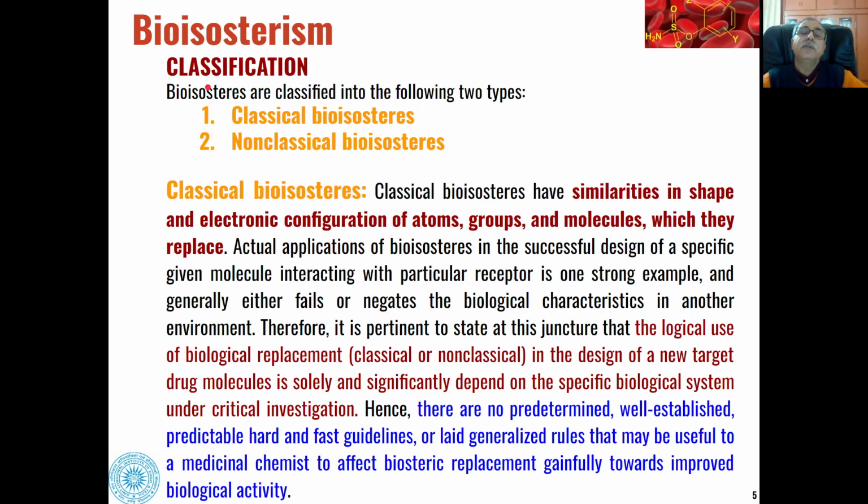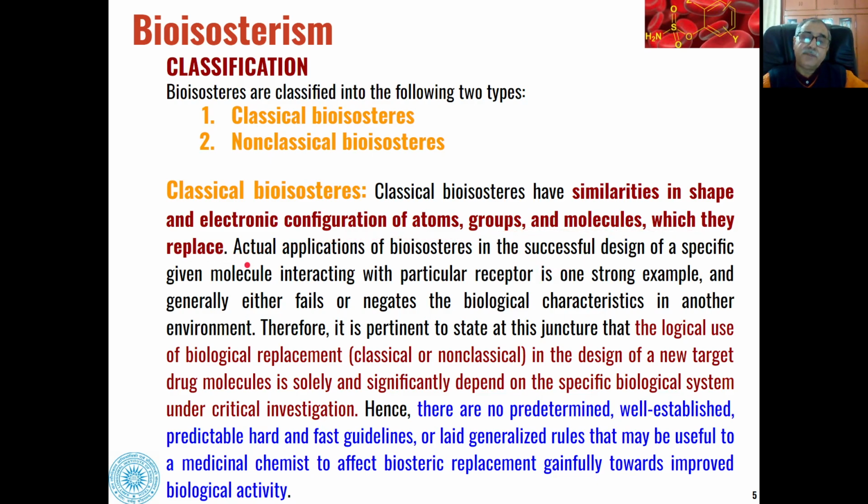Now the isosteres or bioisosteres have been classified into two types. One is classical bioisosteres and the other is non-classical bioisosteres. Classical bioisosteres have similarities in shape and electronic configuration of the atoms, groups and molecules which they replace.